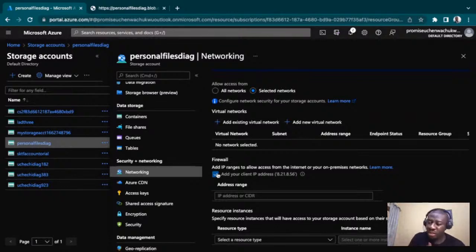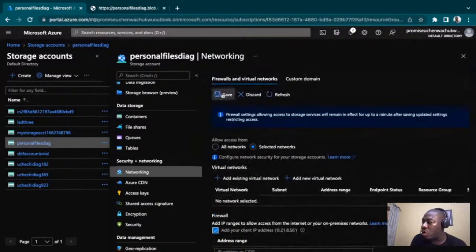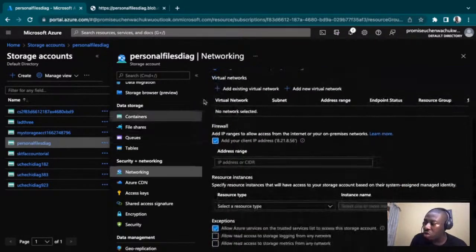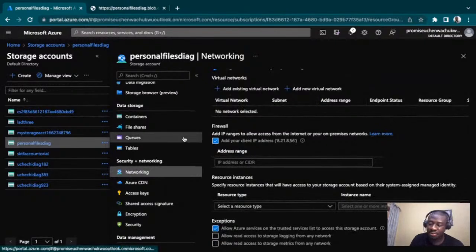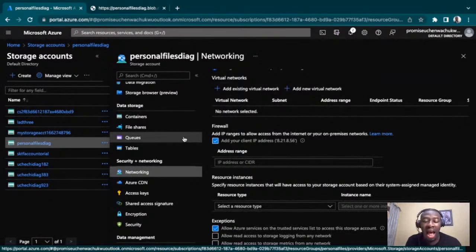Now, take for instance that I decide to pick this option and I don't add my IP address here. At the moment I click on this save button, I have lost access to this storage account.